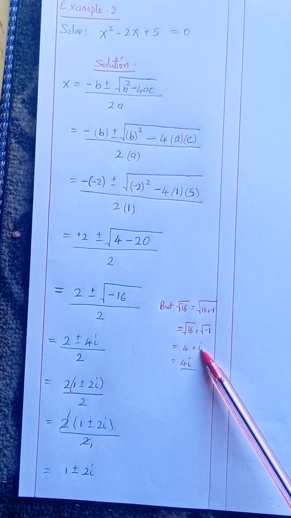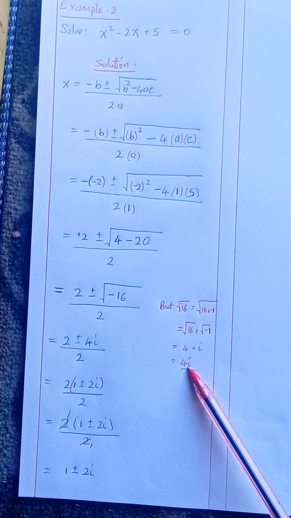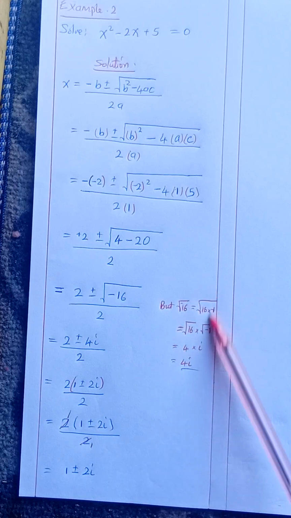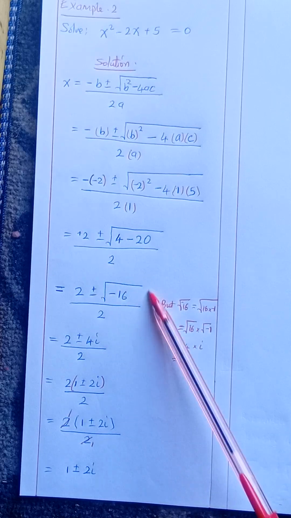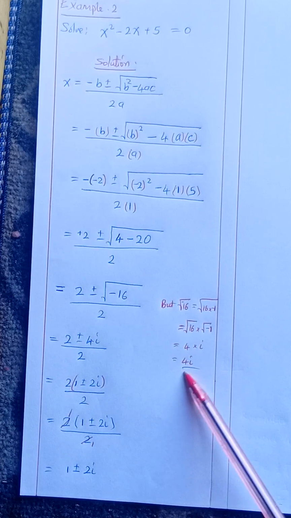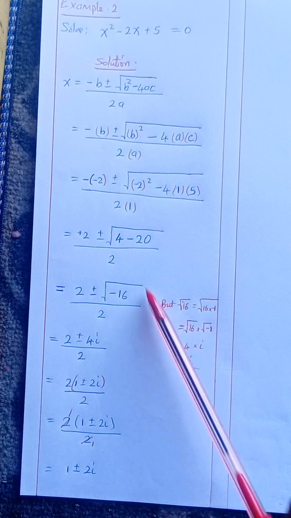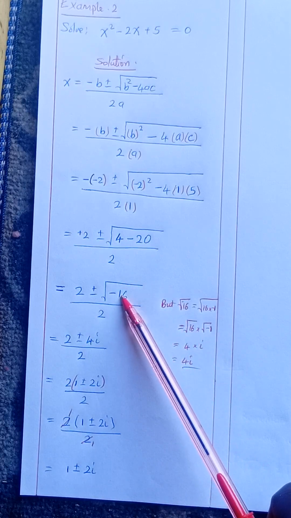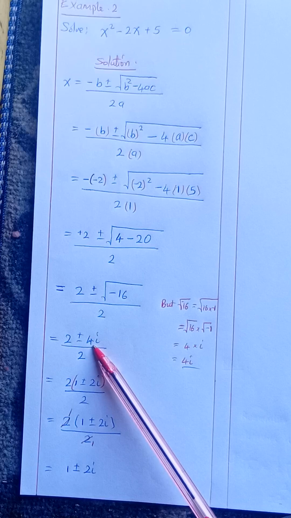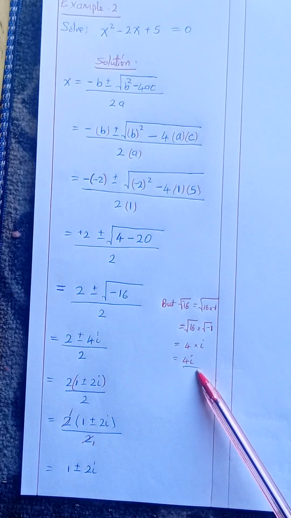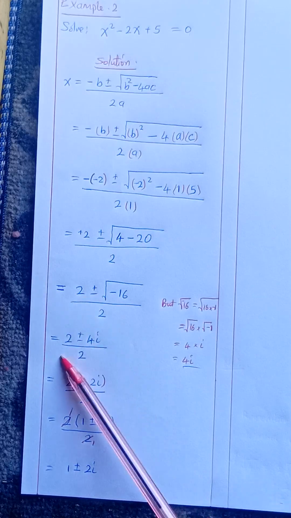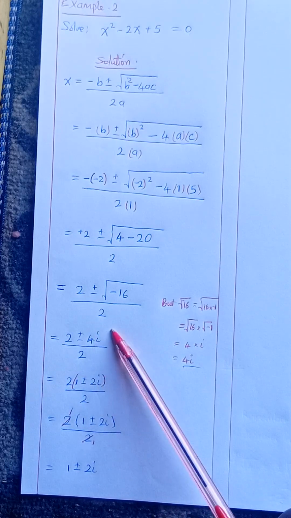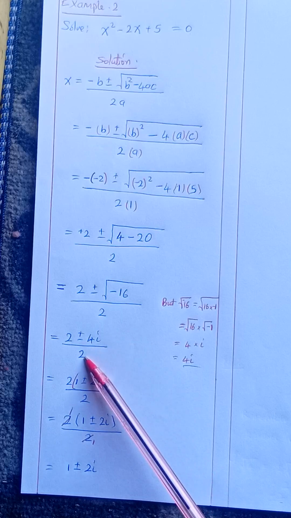Then 4 times i, here we get 4i. So we were simplifying what is in the root to deal with the root. So instead of writing the root of negative 16, we shall now put 4i, which is what we have obtained from here. Now, in the next step, we have 2 plus or minus 4i, everything over 2.